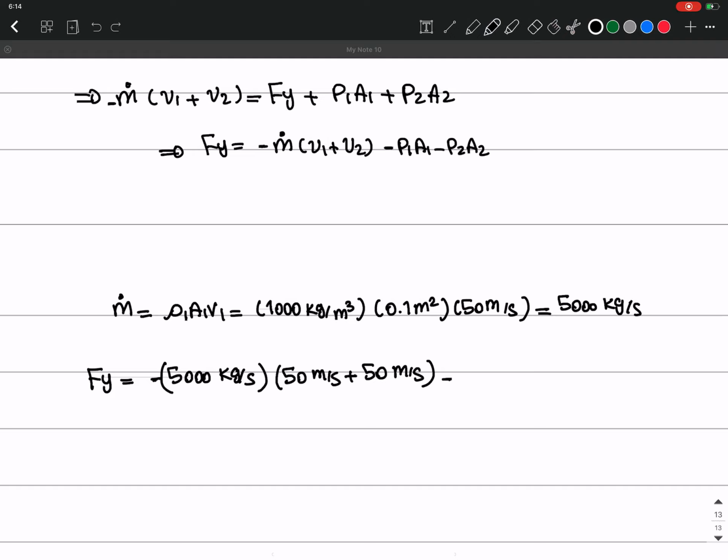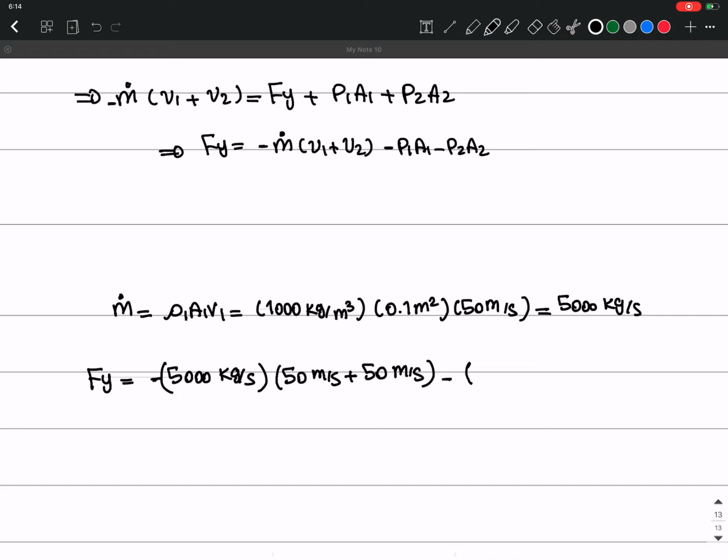If we want to write this in terms of gauge pressure, we have to subtract 101 kilopascal from P1. We usually neglect the atmospheric pressure in our calculations, because that pressure always exists everywhere, so we always feel that pressure and we don't want to calculate it again.